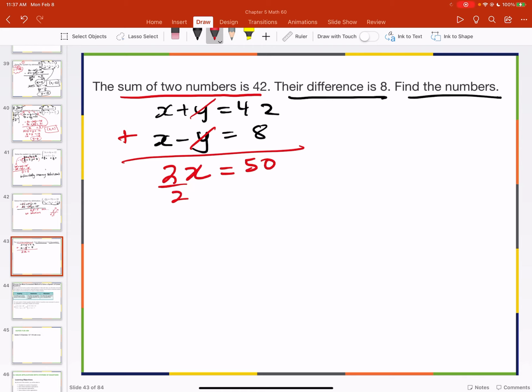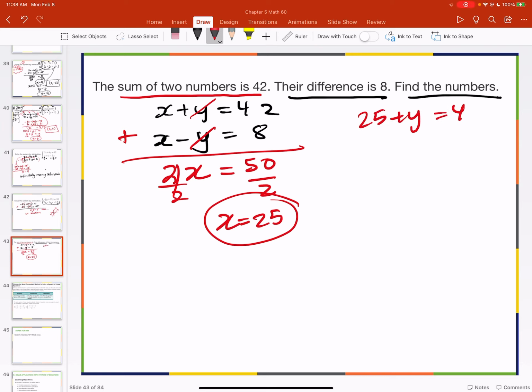Divide by 2, divide by 2. x is equal to 25. Plug it into the first one. 25 plus y is equal to 42, minus 25, minus 25. So y is equal to 17. Okay, and that's it. So if I add these together, I get 42, and if I subtract, I get 8.